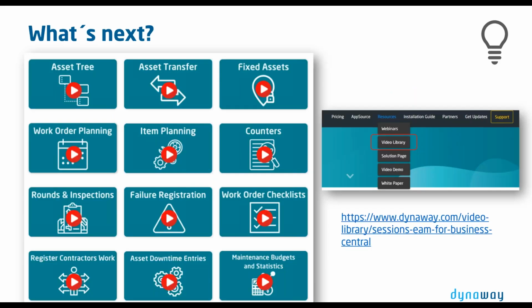Next slide. Apart from this webinar, which was 90 minutes, a little bit of a longer one, but we had a lot to cover, we have also made a large set of shorter webinars. For those of you who haven't seen it already, the library is available. If you go to Dynaway.com and go to the section for BC specifically, you'll see there is a video library as shown here to the right.